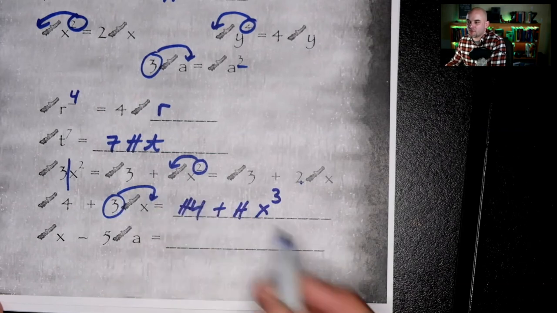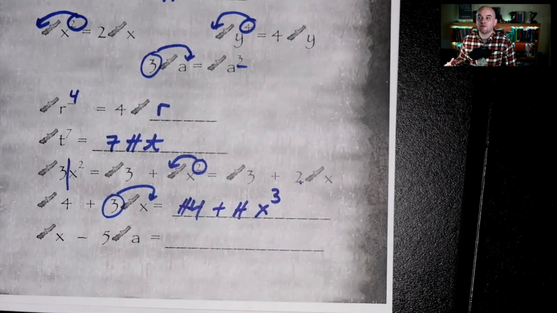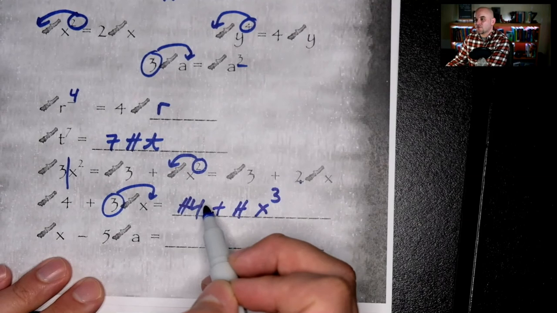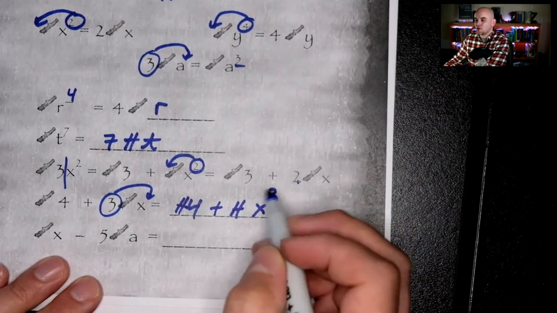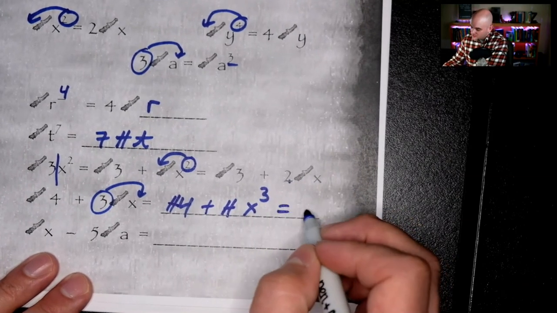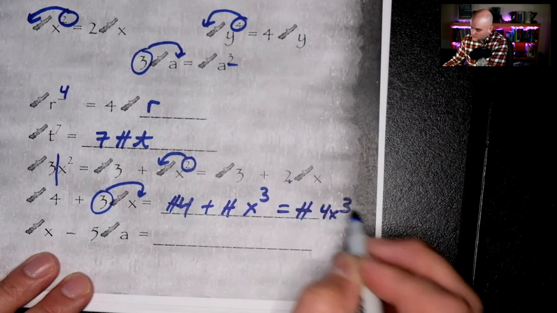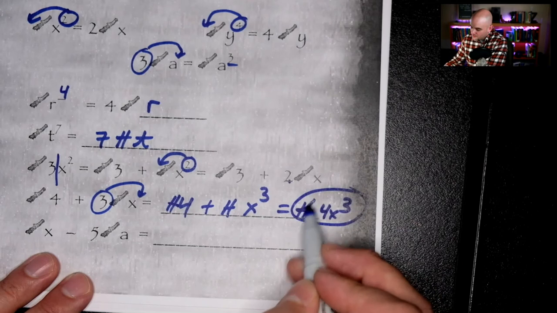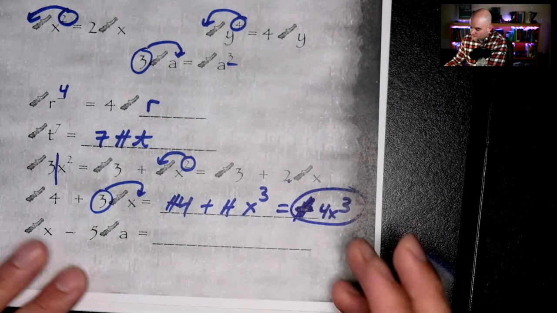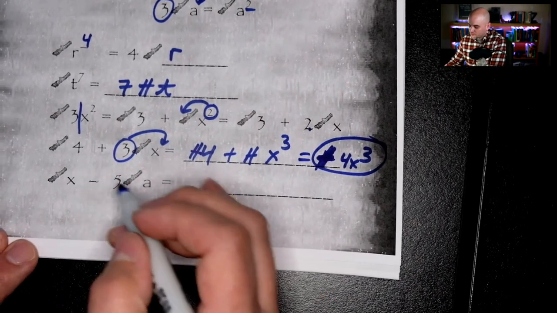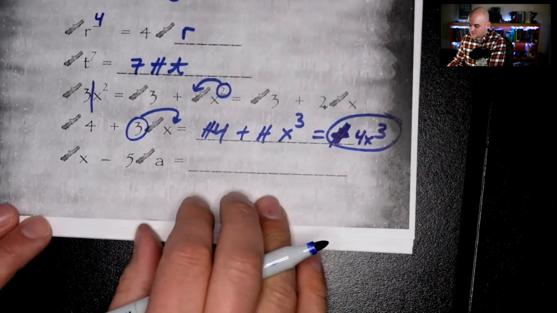So I move that 3 up top, but I can combine it even further. I've got bacon 4 plus bacon x cubed. Let's make that bacon of 4x cubed. I know, that's a horrible bacon sign. Oh well. We're going to replace it with something else besides bacon, aren't we?